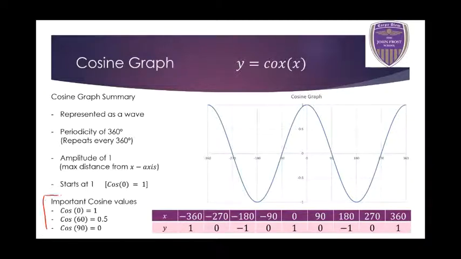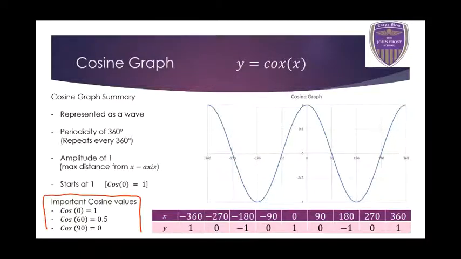And those are cos of 0 equals 1. So that's the start point of the graph, if you will. Cos of 60 is 0.5 this time. Any other value of cos will give you a fairly intimidating decimal number.